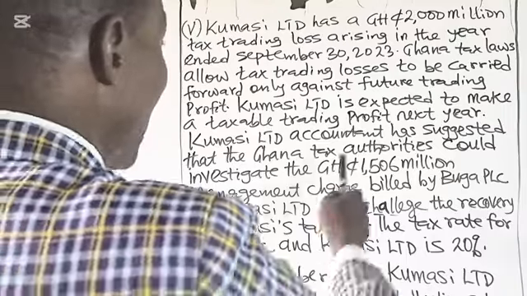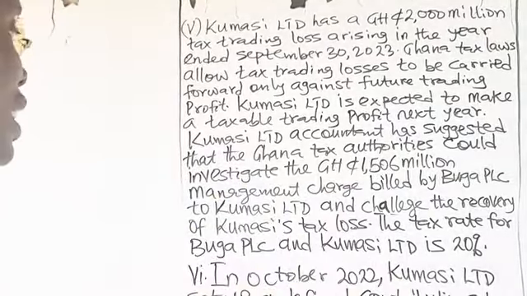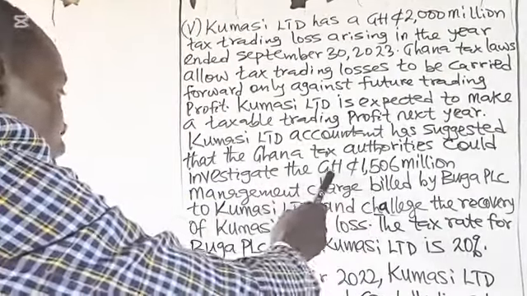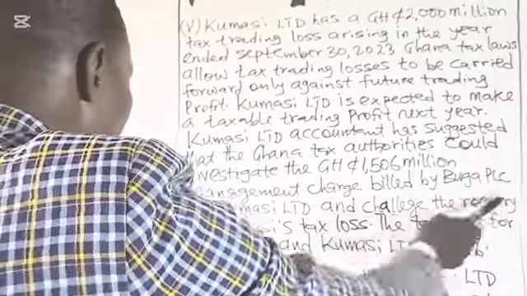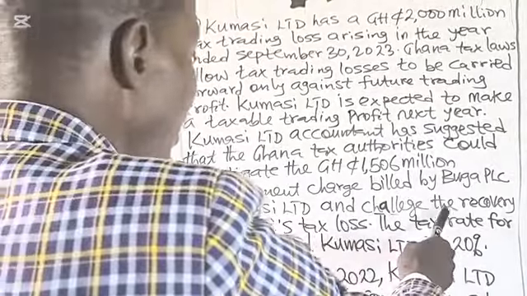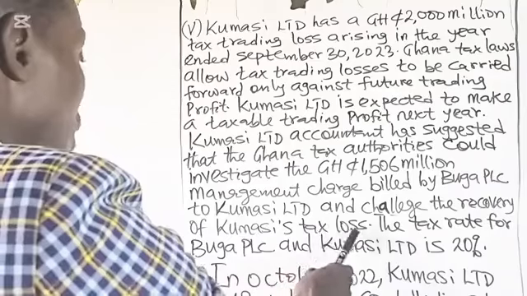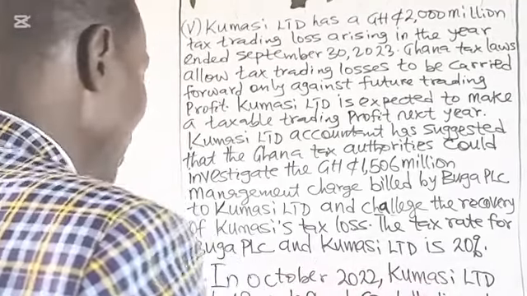Kumasi Limited's accountant has suggested that the Ghana Tax Authority could investigate the 1,506 million management charge billed by Buga PLC to Kumasi Limited and challenge the recovery of Kumasi's tax losses. The tax rate for Buga PLC and Kumasi Limited is 20%.